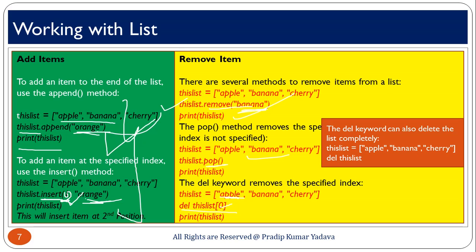And also, if you do not pass any index, it will remove the whole list. We are talking about the del keyword. Here you can see del this list, meaning the whole list will be deleted. And when you pass an index, that particular indexed item will be removed or deleted.